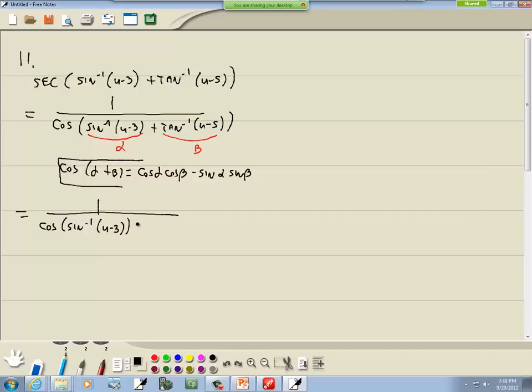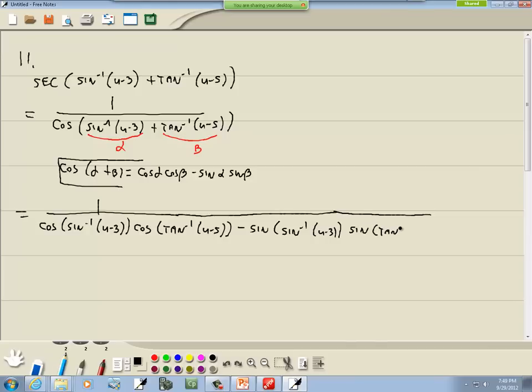And then cosine beta, and beta is inverse tangent of u minus 5. And minus sine alpha, so that's sine of inverse sine of u minus 3 times sine beta, and beta is inverse tangent of u minus 5. Okay, so that's what we're going to be working with.